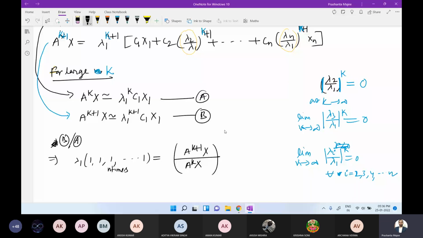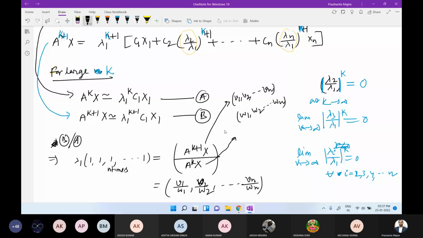If this is a vector, let's say that is v1, v2 up to vn, and A power k x, if that is w1, w2 up to wn, basically you are talking about this ratio v1 by w1, v2 by w2 up to vn by wn. Is it okay?